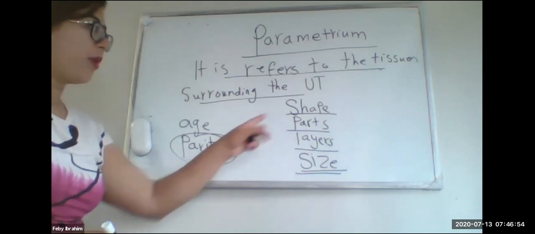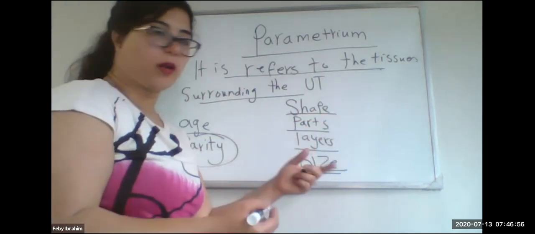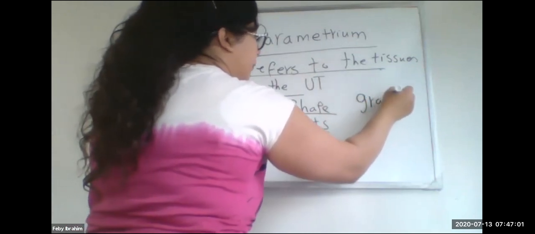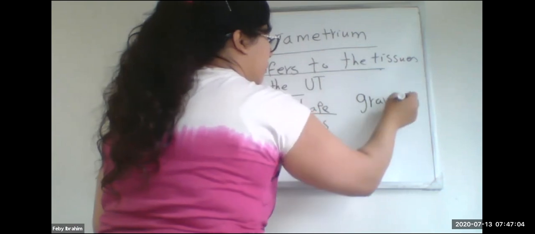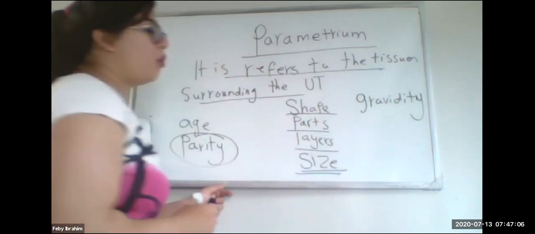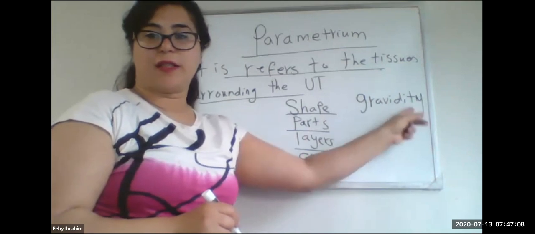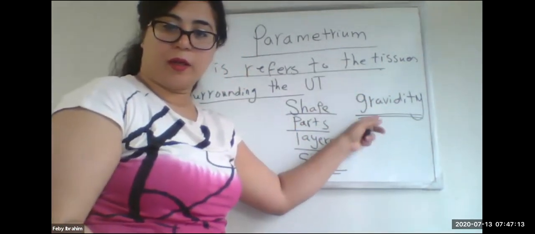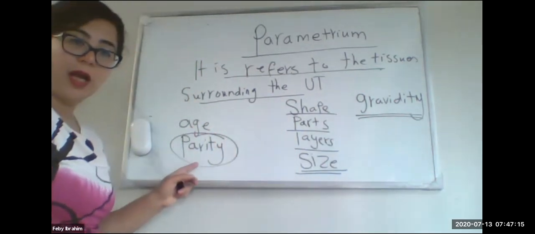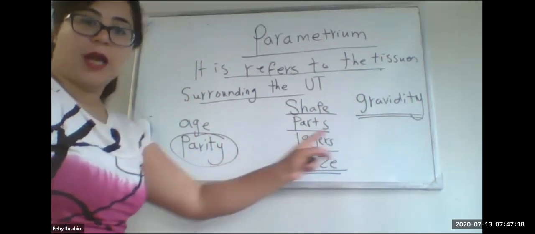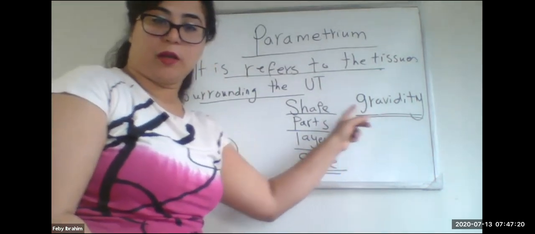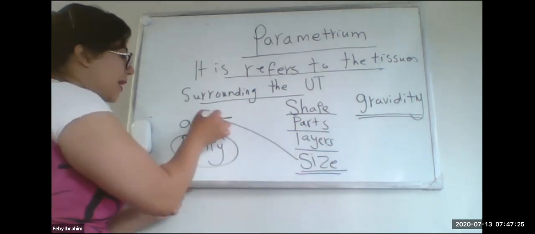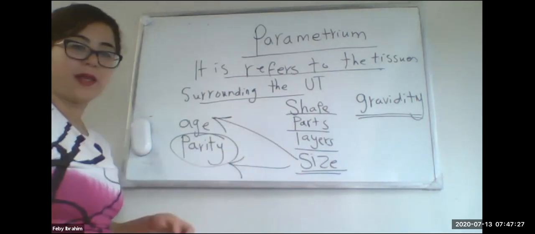We have another concept or term, gravidity. What is the meaning of gravidity? How many times a woman gets pregnant. So parity is how many times she gives birth, gravidity is how many times she gets pregnant. So the size of the uterus varies with age and with parity.